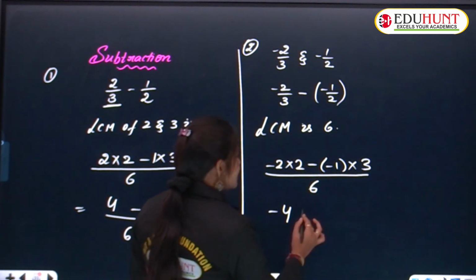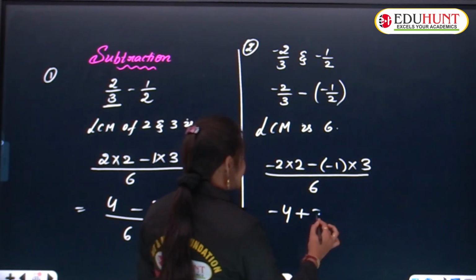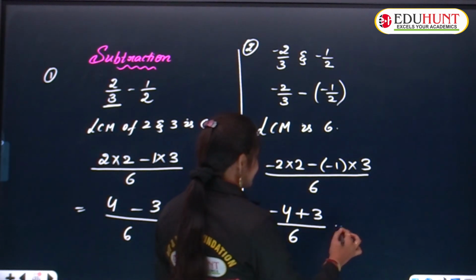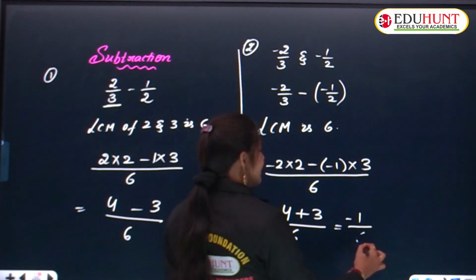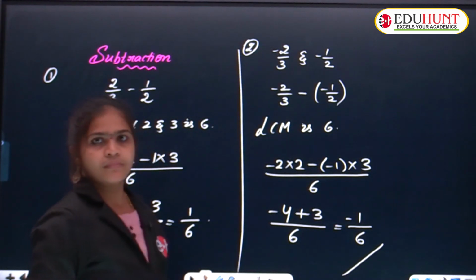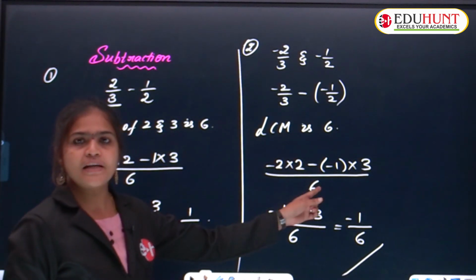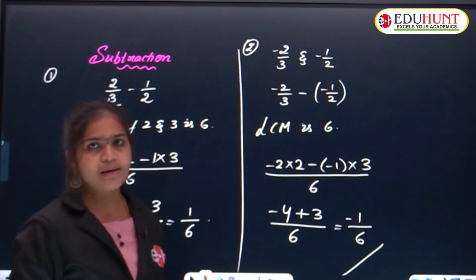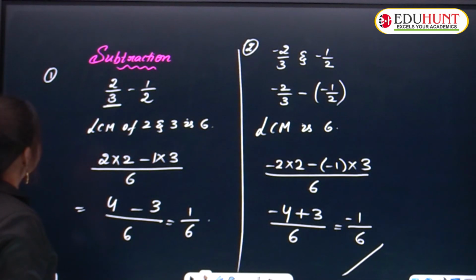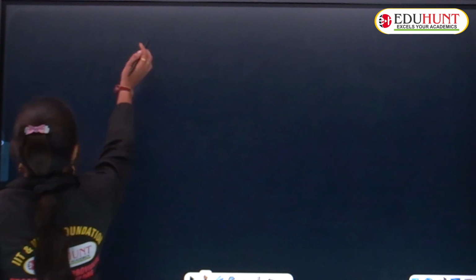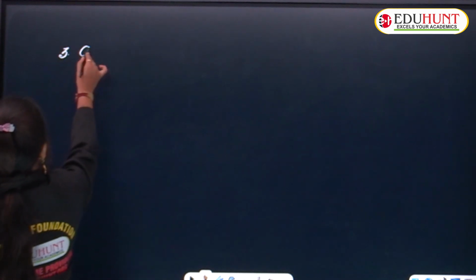Minus into minus is equal to plus. 1 into 3 is equal to 3 by 6, which is equal to minus 4 plus 3, which is equal to minus 1 by 6. Understood? This is the subtraction of two negative rational numbers. Okay. And in the same way, next we have multiplication.